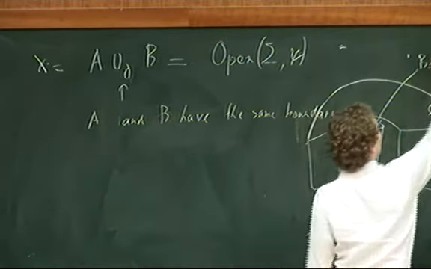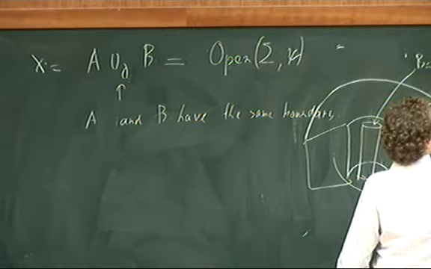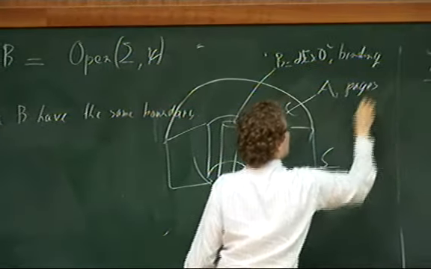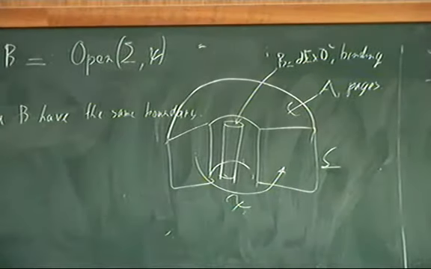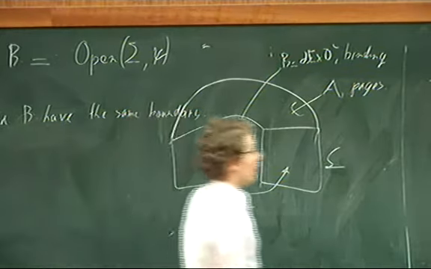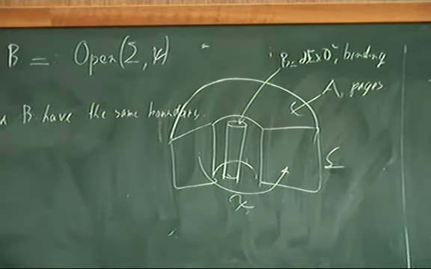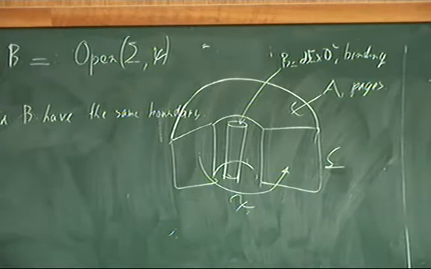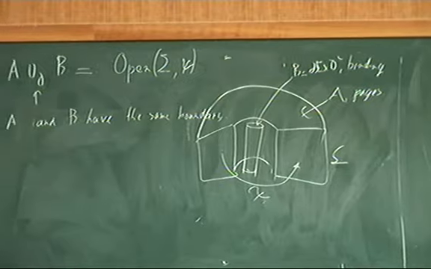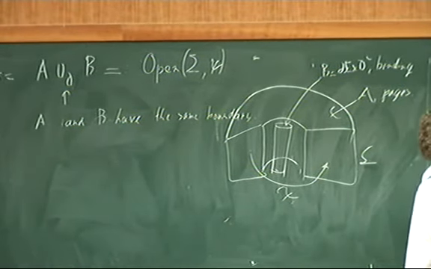So this is then the binding, if you want, and these are the pages. So that's the basic idea of an open book, and it carries a contact structure. We have a contact form on both pieces, and the claim now, this is the theorem of Giroux, is that every co-orientable contact manifold admits such a description.